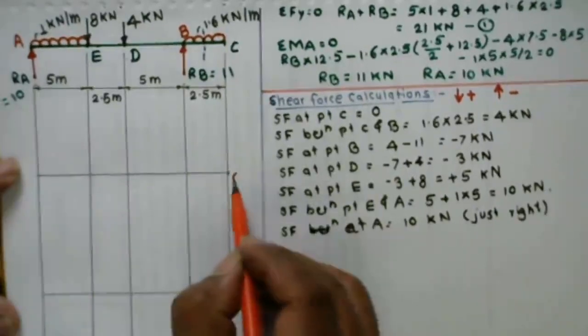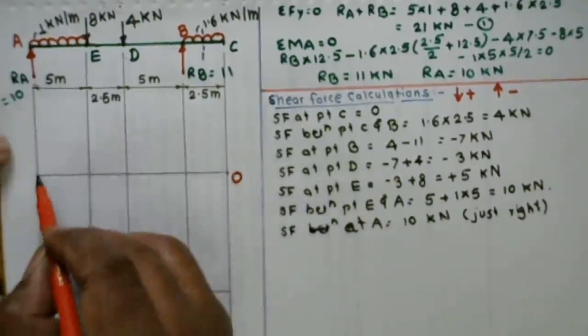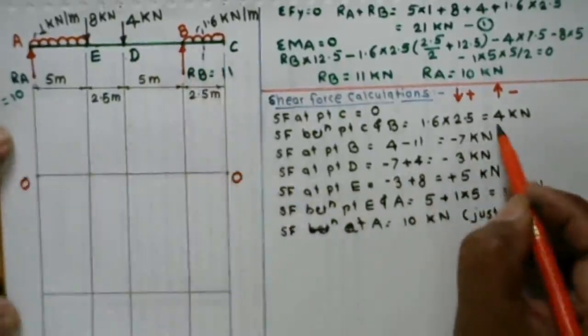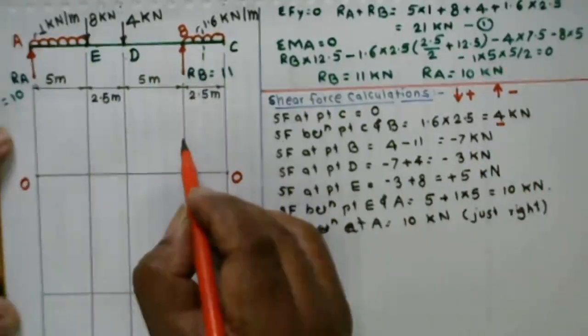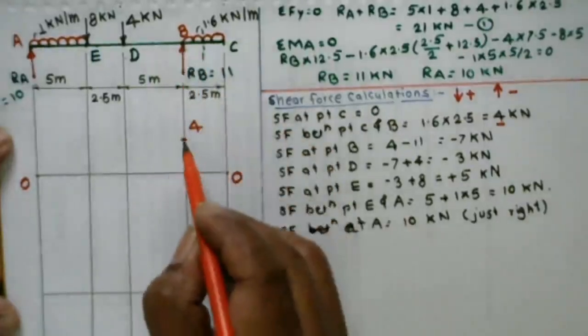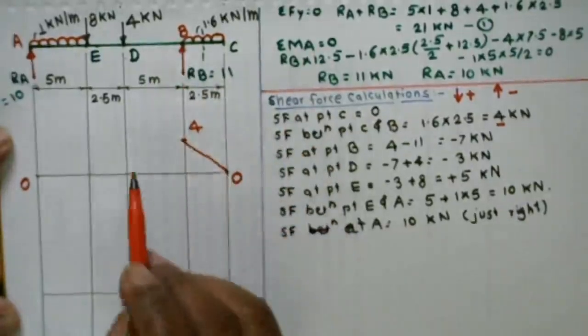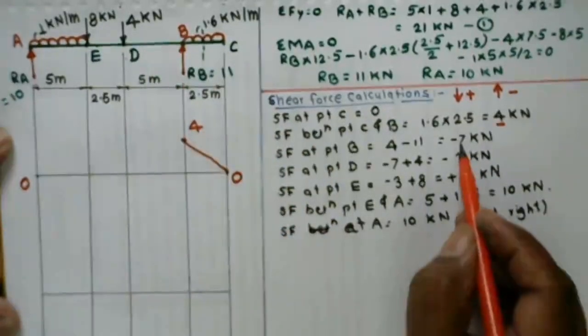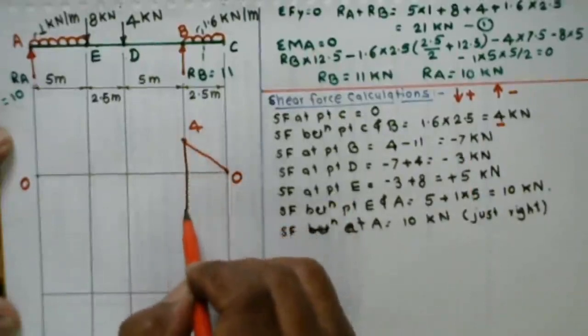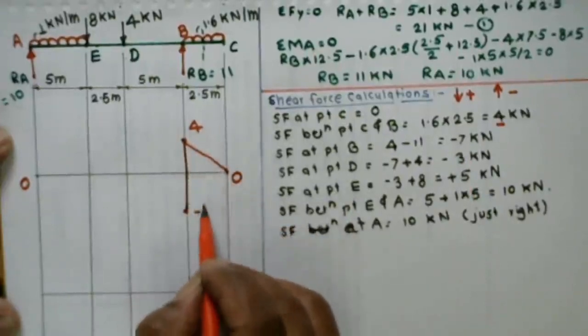Shear force at point C is 0, here also 0. Between the points C and B, it is 4 kilonewton, so this becomes 4. UDL is acting, so we have to join by an inclined line. At point B it becomes minus 7, so here minus 7.